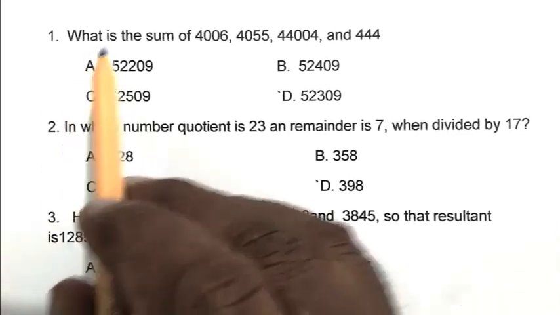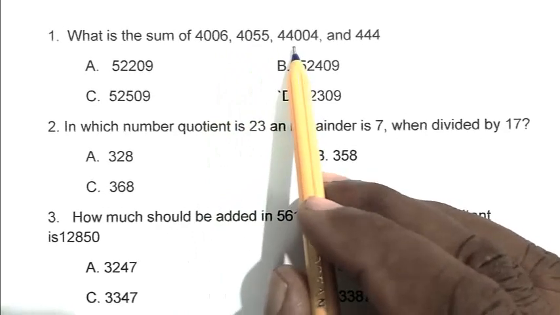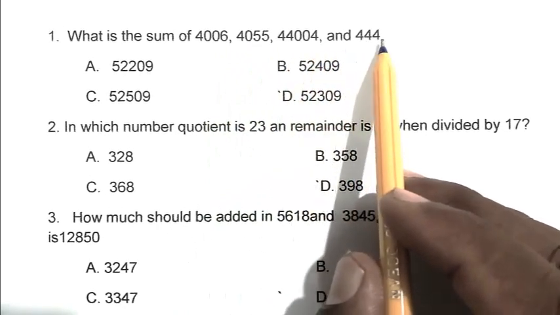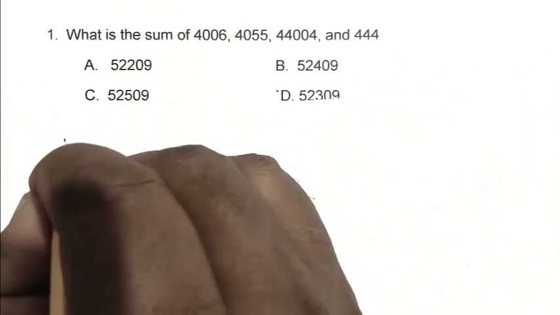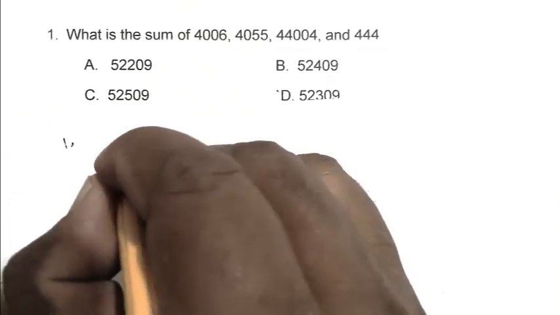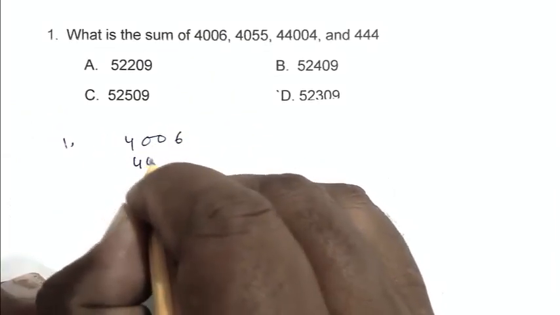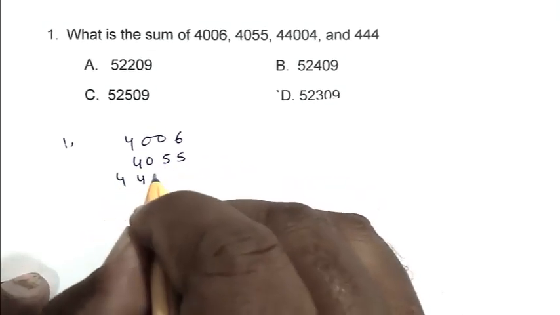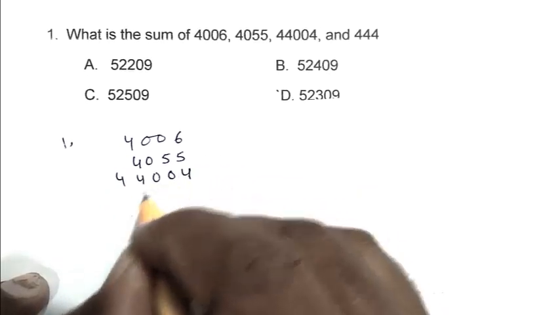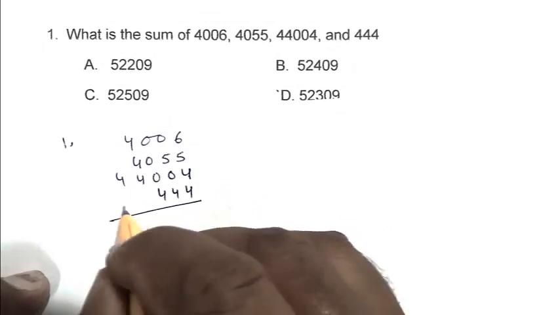Question number 1. What is the sum of 4006, 4055, 44004 and 444? So we write it, after that we add all the numbers. 4006, 4055, 444, that is we add.